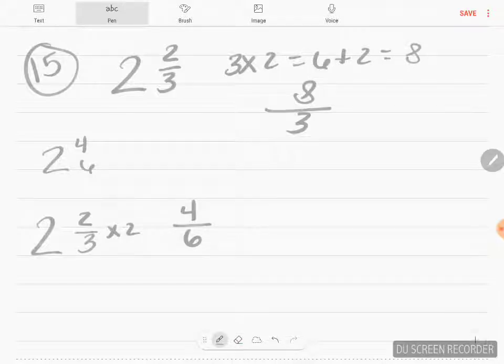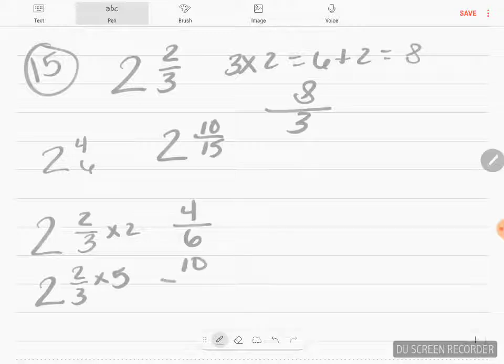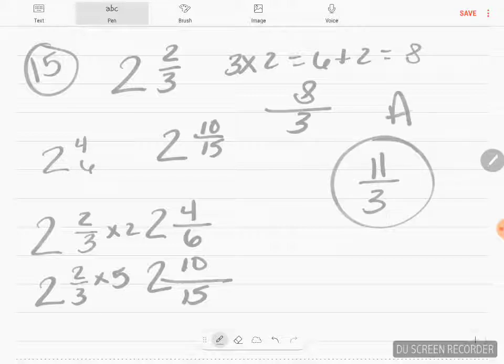Now, the other one says 2 and 10/15. Well, I think I can multiply that by 5 and I'll get 10/15. Yeah. So the only one that I'm left with is 11 over 3. There's no way that I can get 11 over 3 with this problem. So this one is actually your answer. It is A.